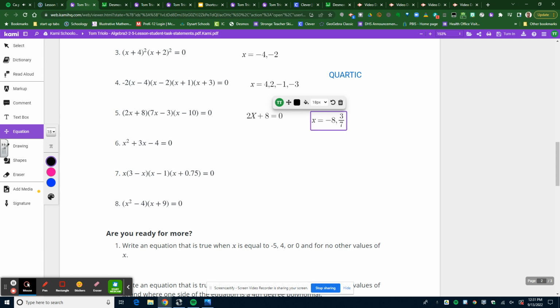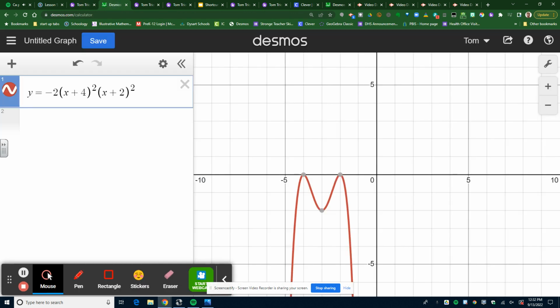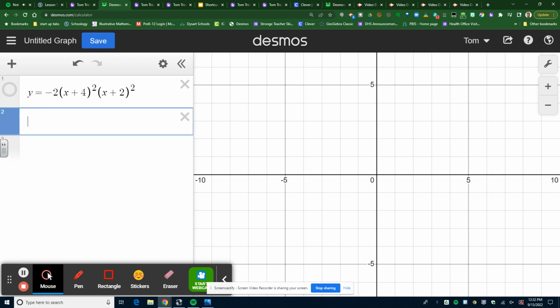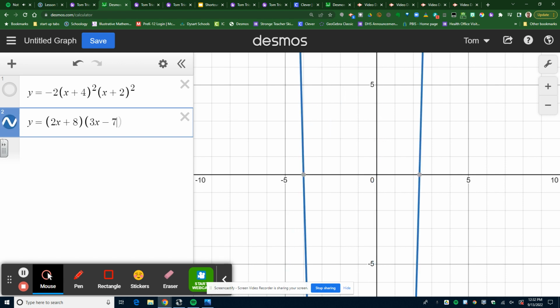Now, could we have solved this graphically? Yes, you can solve just about anything graphically, but here's why it's not a good idea. Let's go back to Desmos and put this one in. I'm going to turn this off, turn this on. So y equals (2x plus 8)(3x minus 7)(x minus 10).